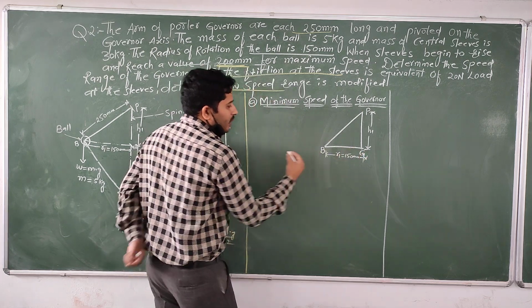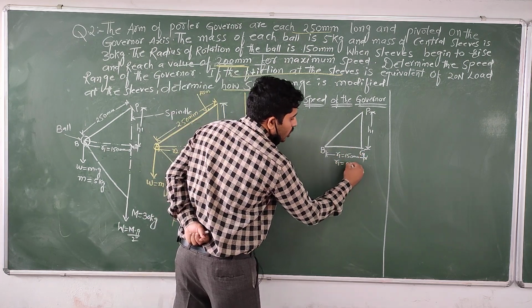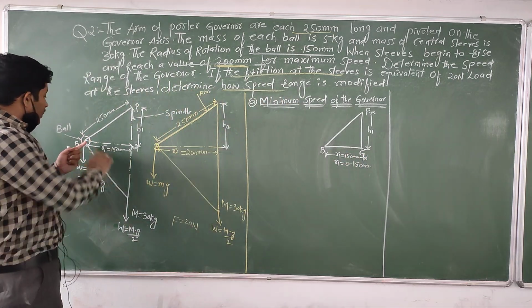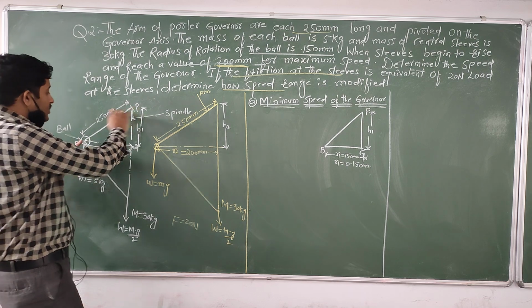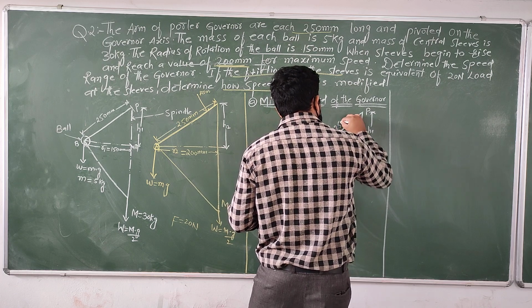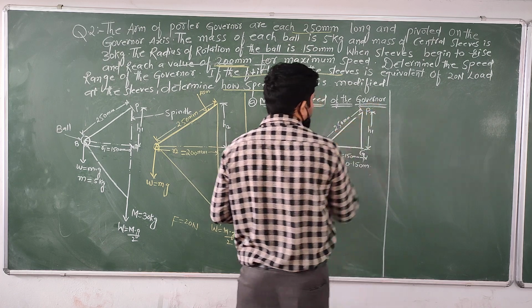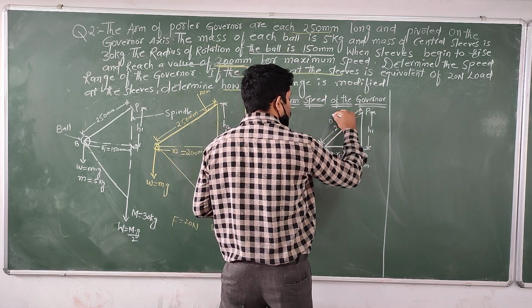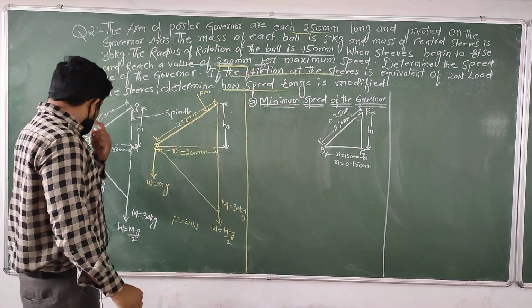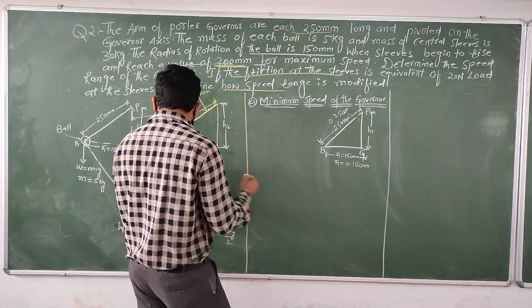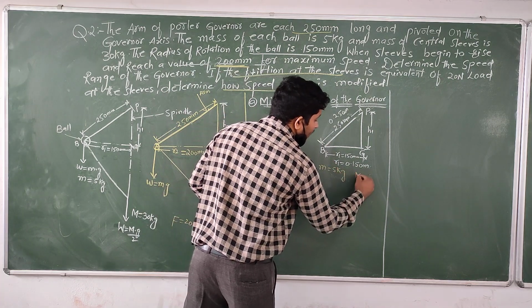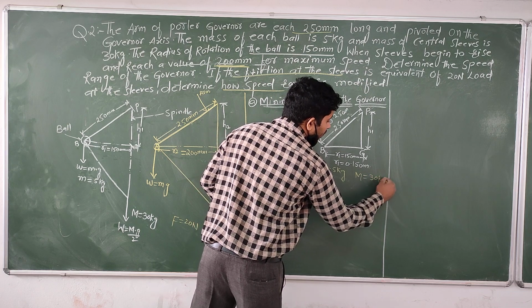If you convert to meters, R1 equals 0.150 meter. Okay, and the length of the arm is given as 250 mm, so we have to convert it to 0.250 meter. Okay dear. Then the mass, how much is given here? The mass of the ball is small m, 5 kg is given. Capital M is given as 30 kg.